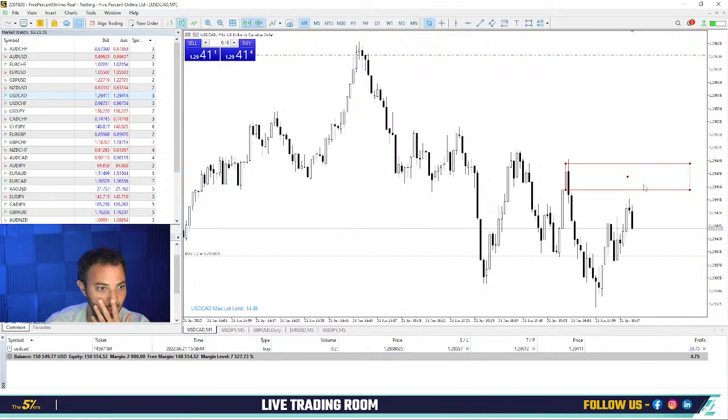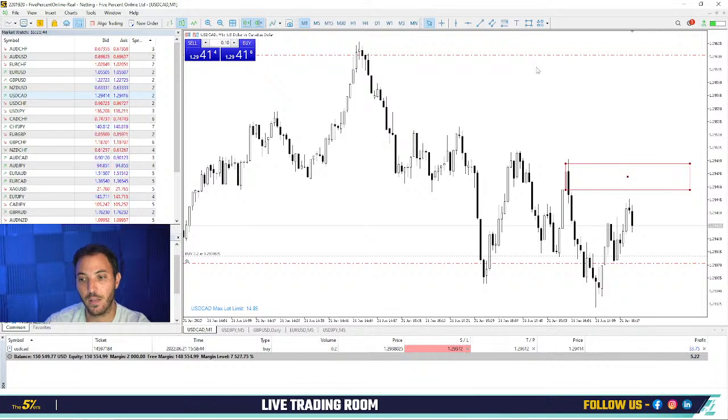I would wait for longer. So now look at the difference between this push higher and this movement higher.